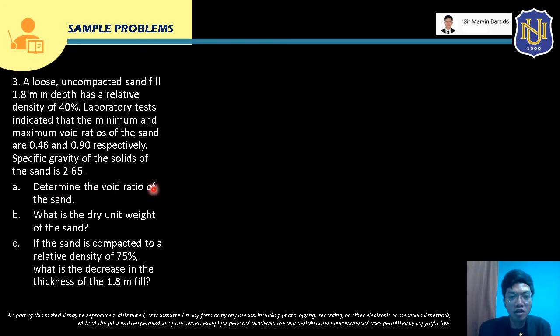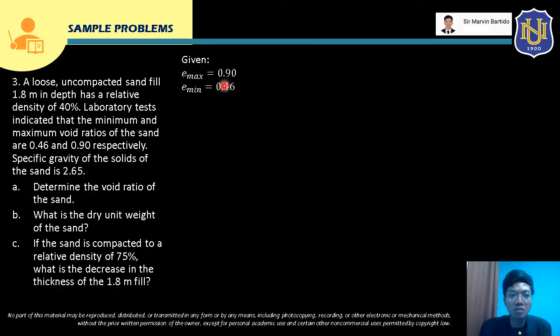So, determine the void ratio of the sand. What is the dry unit weight of the sand? And if the sand is compacted to a relative density of 75%, what is the decrease in the thickness of the 1.8 meter field?